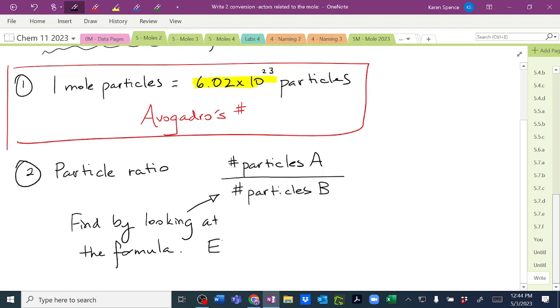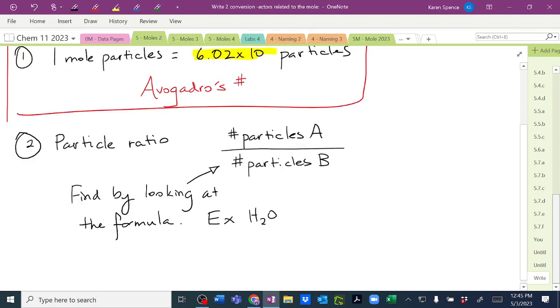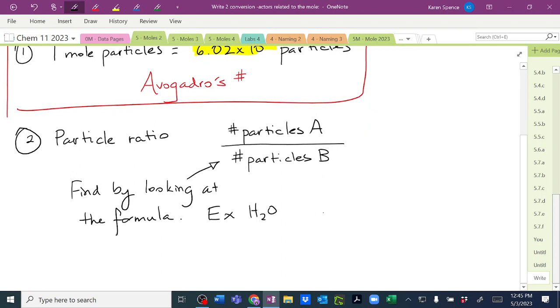So for example, if we have water, we could have 2 H atoms per 1 H2O molecule.